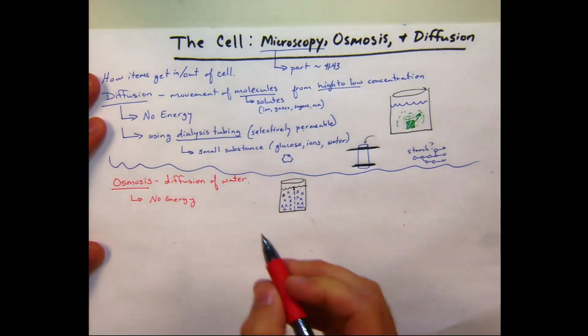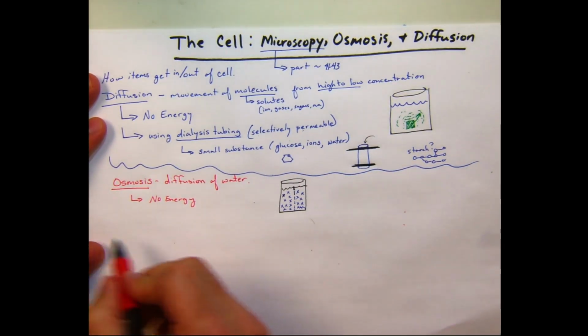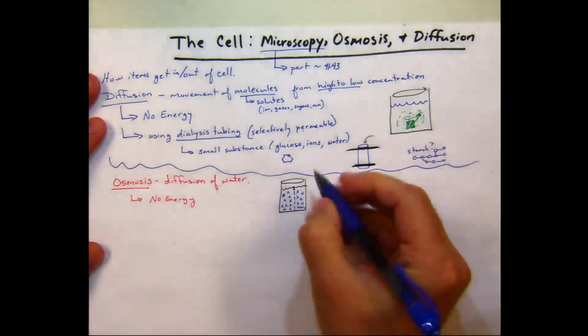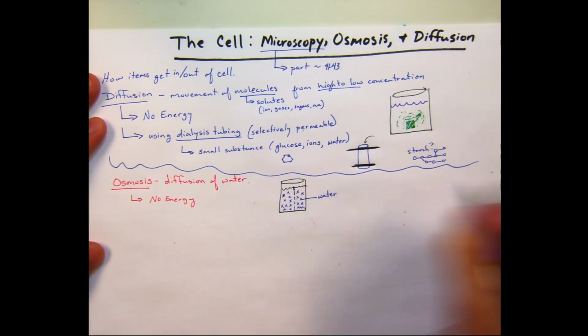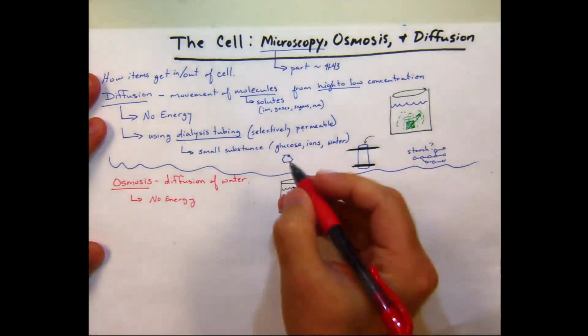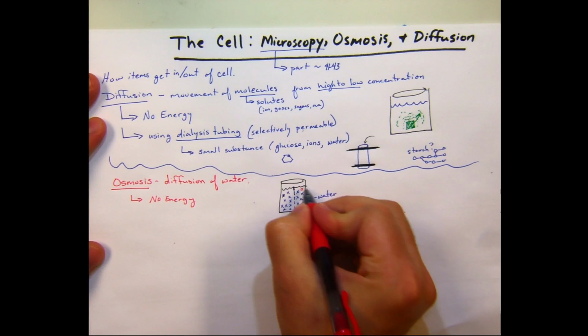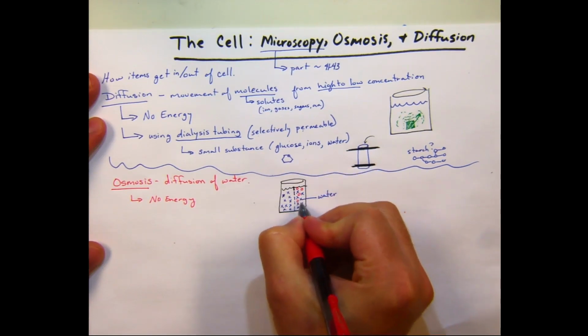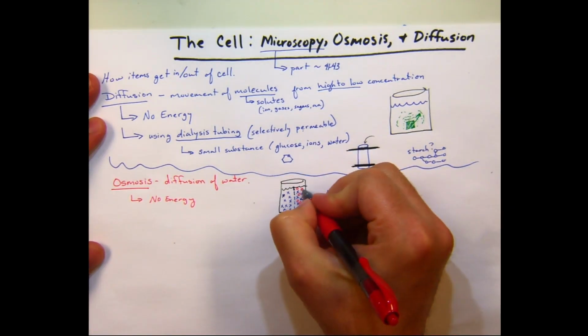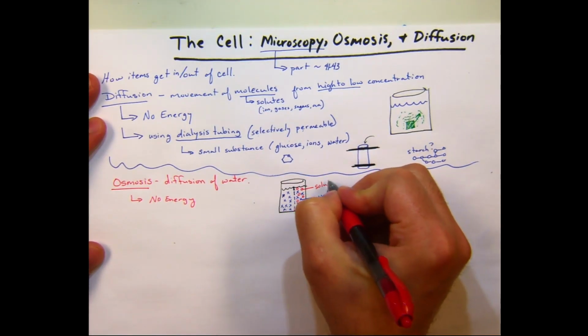And we'll let the water be the blue X's. And we will let these little orange or red circles be our solutes.